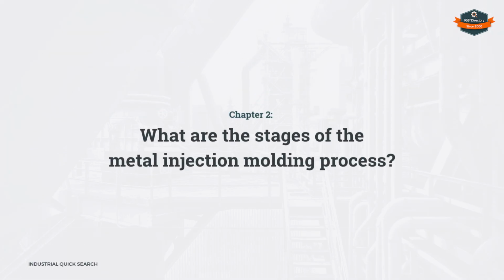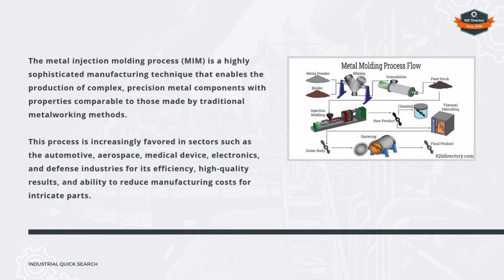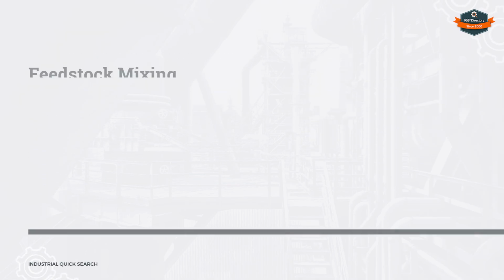Chapter 2. What are the stages of the metal injection molding process? Feedstock mixing.